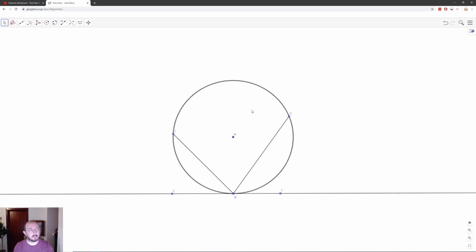This is the important point that maybe some of you don't quite fully get, is that when you have a chord like BC, that splits the circle into 2 chunks, 2 segments. Okay, the bigger segment, which is going from here around, is the major segment, and the smaller chunk, CB, this bit down here, is the minor segment because it's smaller.